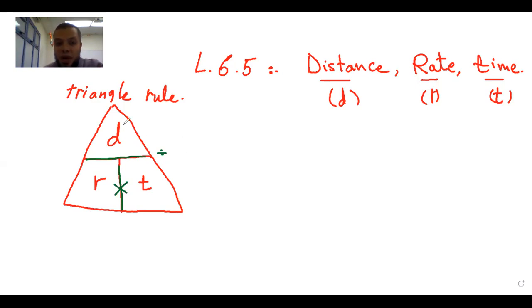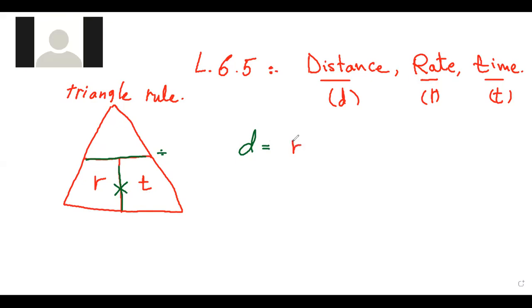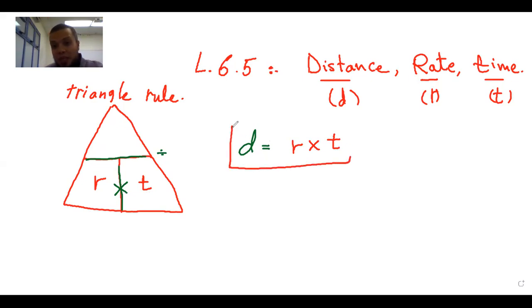So if I ask you to find the D, please erase the D like this, or put your hand on D, and you will find R times T. So you must write R times T. This is the formula if I ask you about the distance. When I ask you to find the distance, you need to multiply the rate by the time. This is the D.